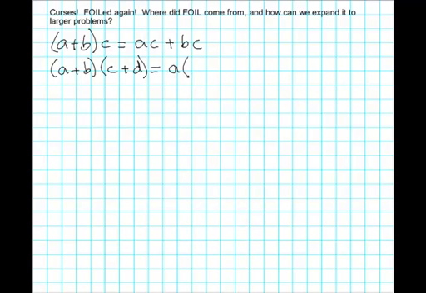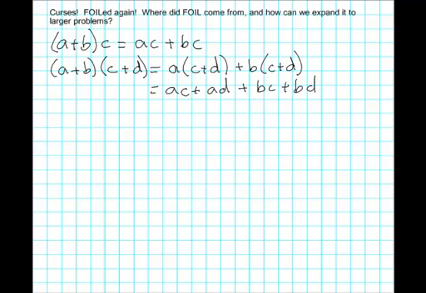So I'm going to get A times the quantity C plus D, plus B times the quantity C plus D. Now it's a really simple matter to distribute the A and the B into their respective quantities. So I get AC plus AD plus BC plus BD.